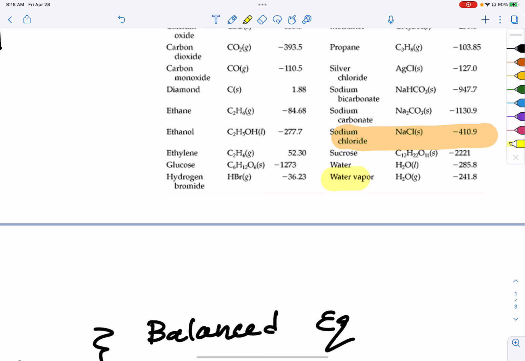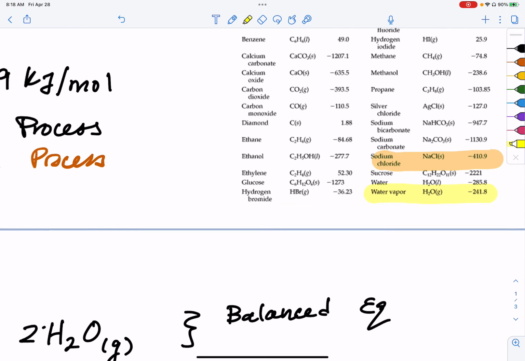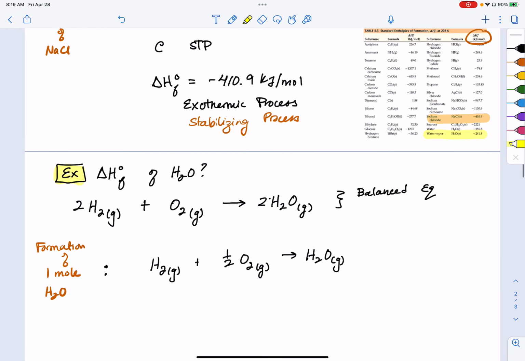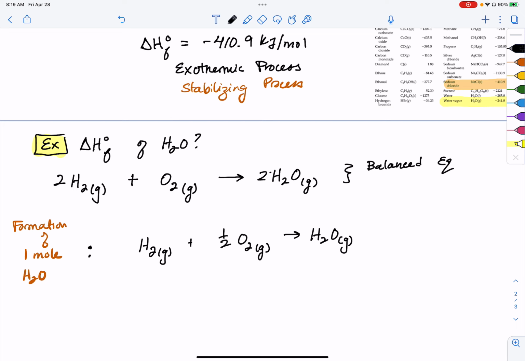So here we're looking at the formation of gaseous water, water vapor. And based on my table, the standard enthalpy of formation, meaning the heat that is evolved as a result of 1 mole of water being formed from its constituent elements, is negative 241.8 kilojoules per that 1 mole.